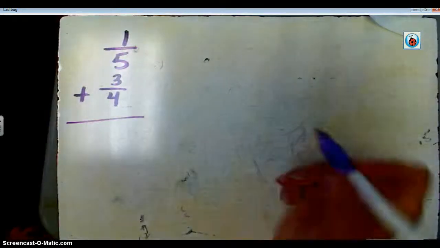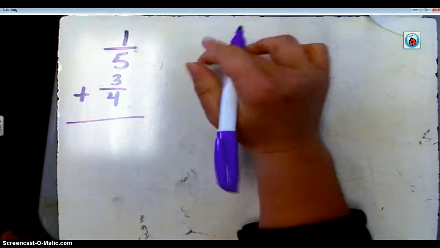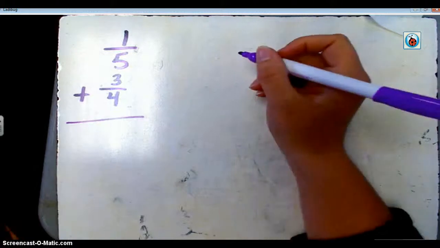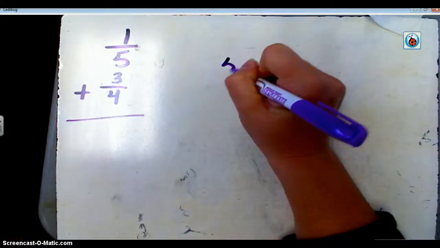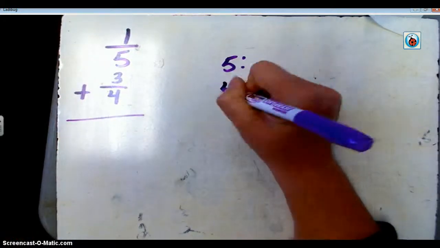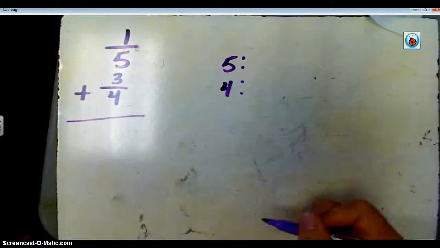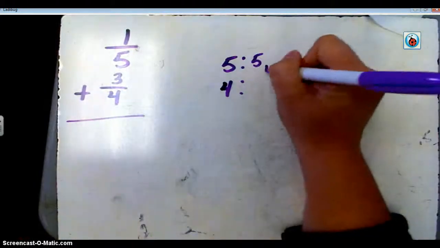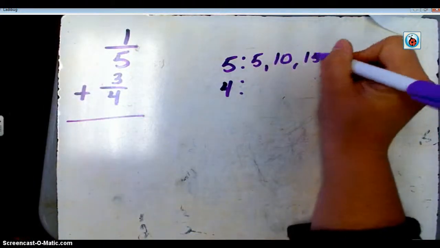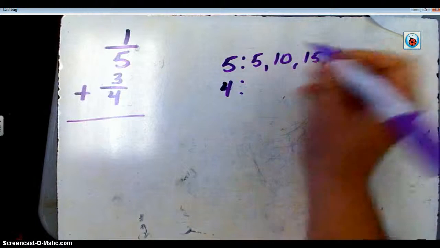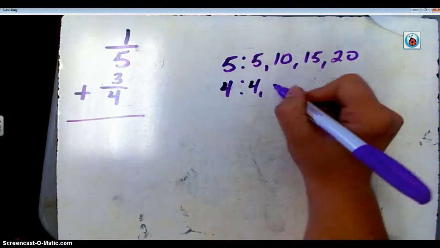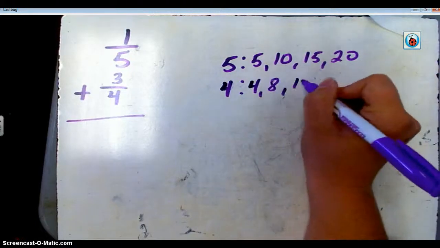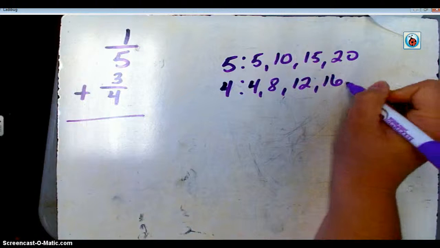Okay, just like yesterday, when we were finding the least common multiple, that's the same thing we're going to do today with 5 and 4, our denominators. So 5, 10, 15, 20. 4 is 4, 8, 12, 16.